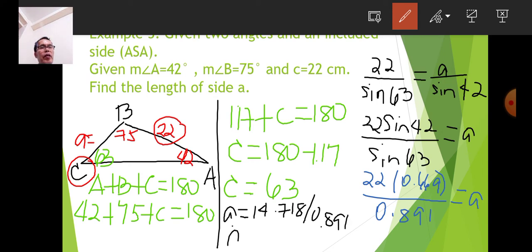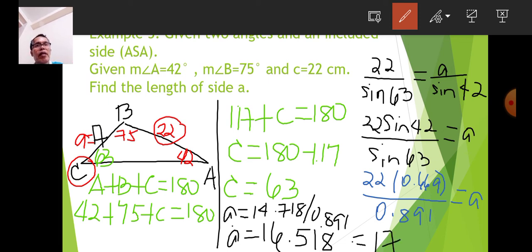Therefore, a now is equal to 16.518. And since the length of c is a whole number, we are going to round this to a whole number. So 16.5 becomes 17. So this a now is 17.